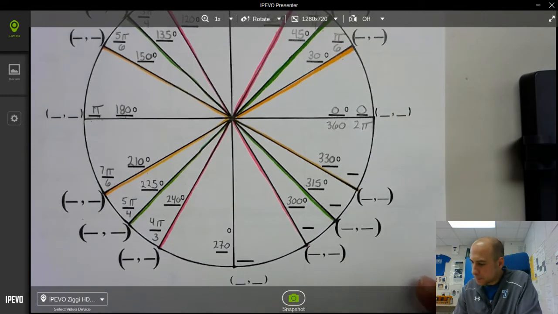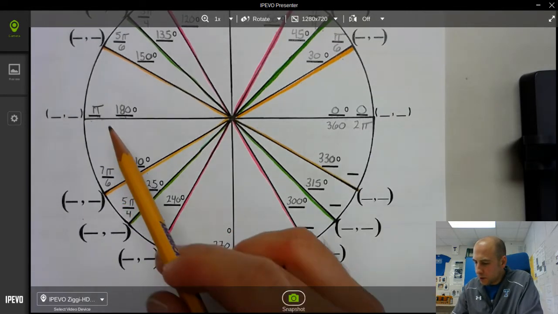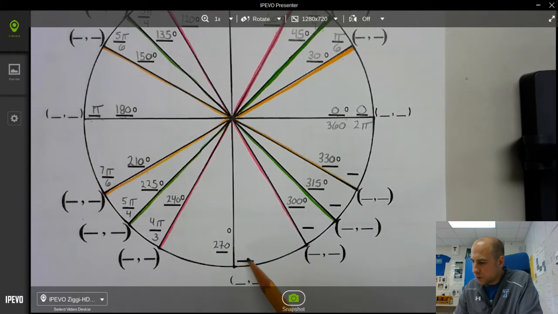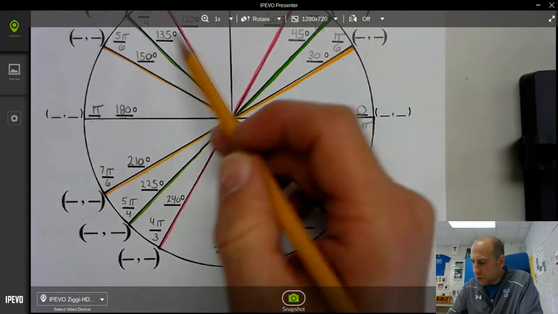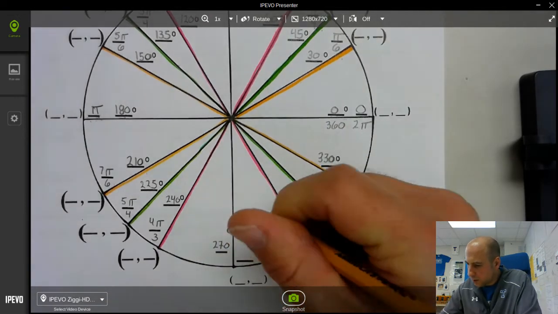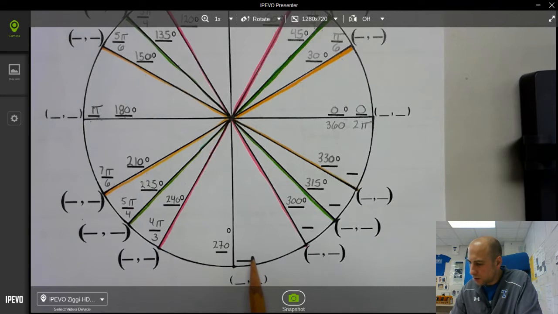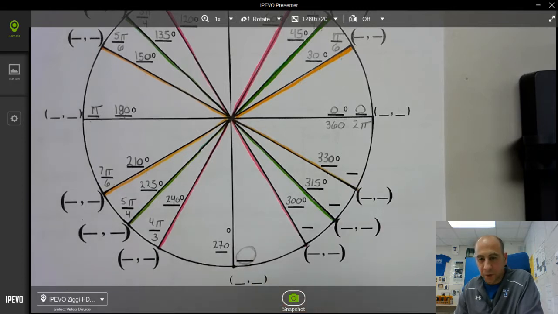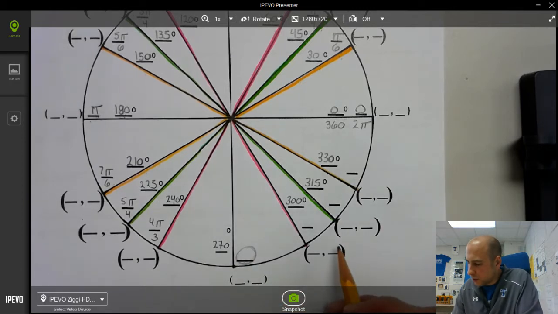Okay. And then going here, well, this is 1/3 of 2 pi. So this is 2 pi. No, hold on. Let me think about this. Ask me about this one in class. Okay. And we can figure out the pi there. Okay.